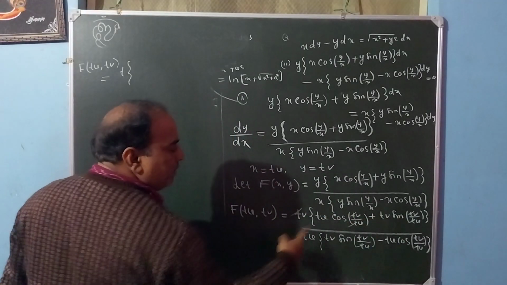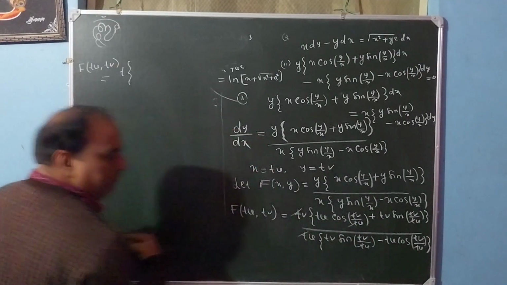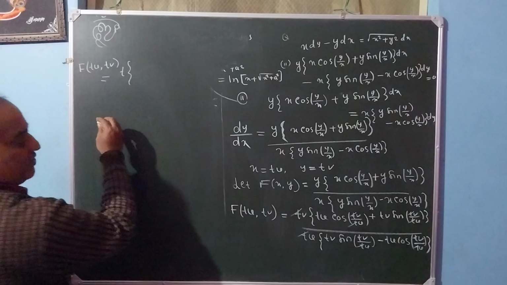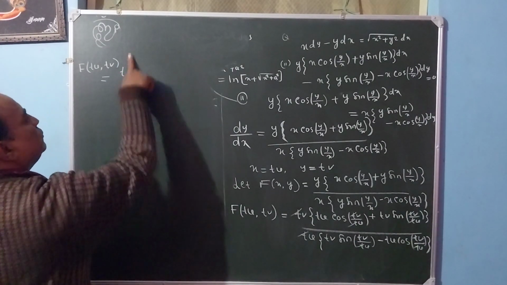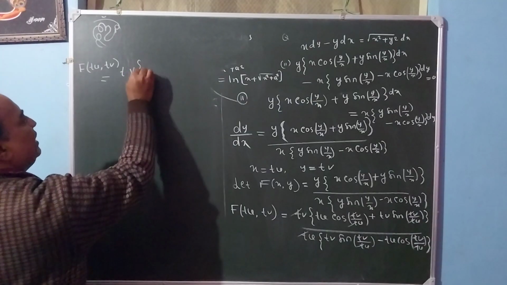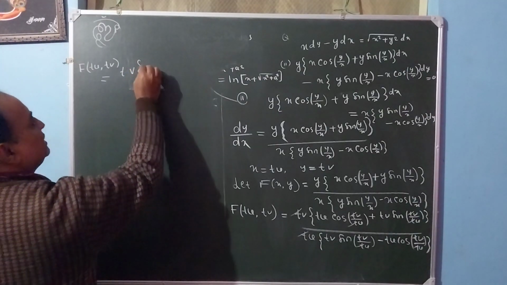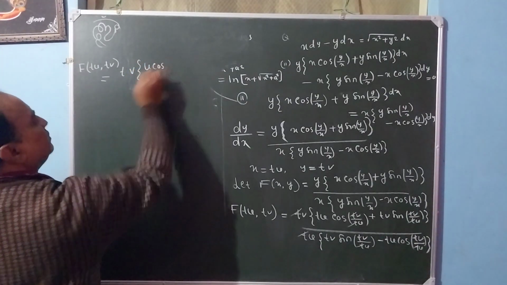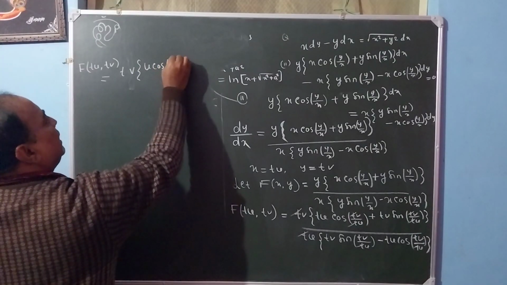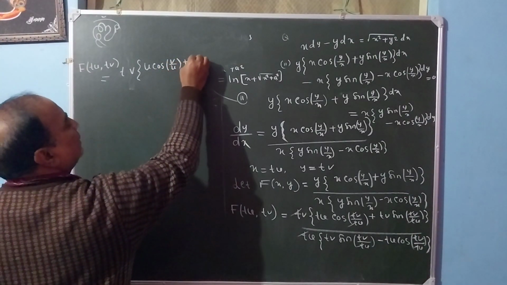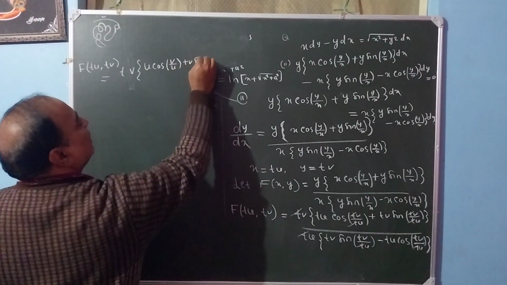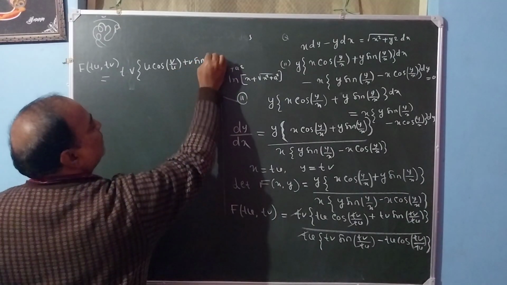Now t is common from the numerator and t is also taken from the denominator. So we get v, u cos v by u plus v sin v by u.